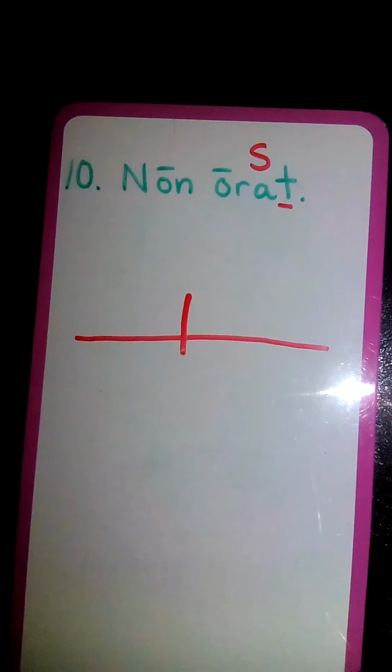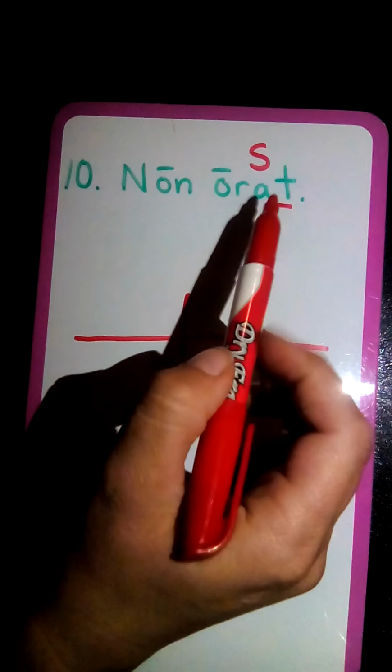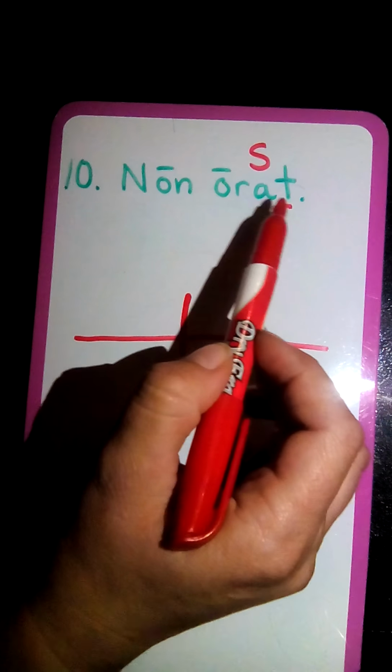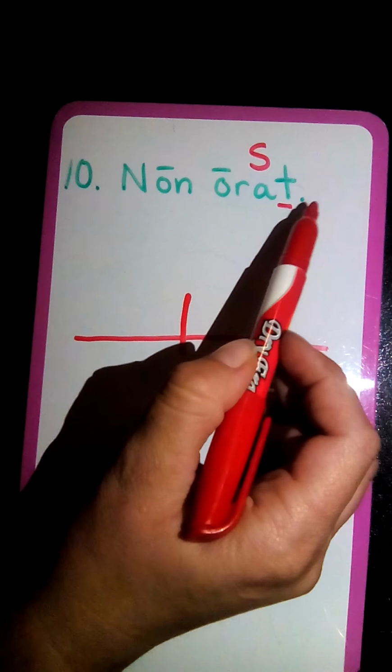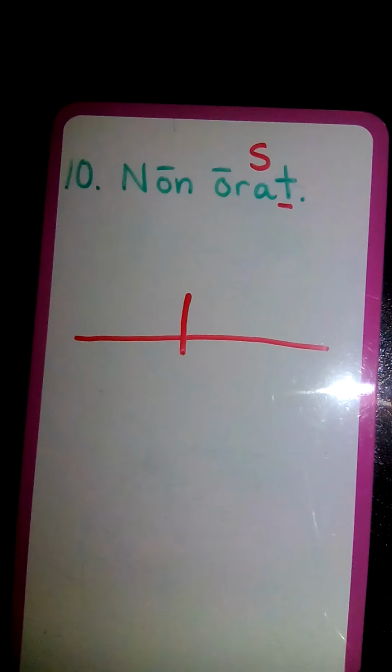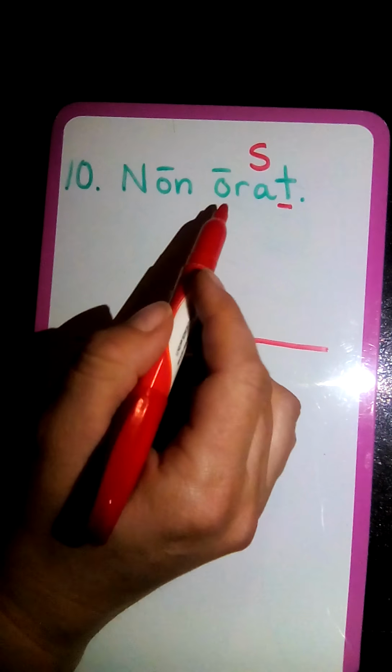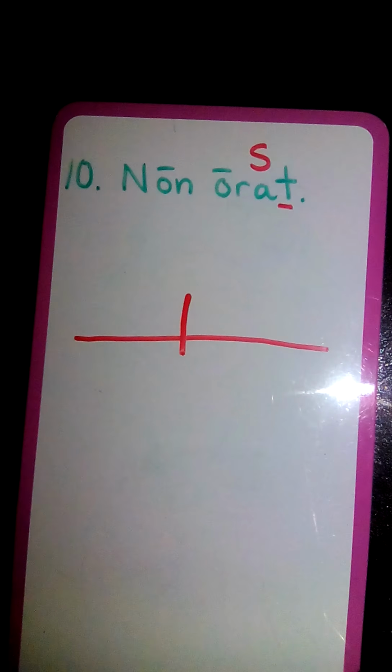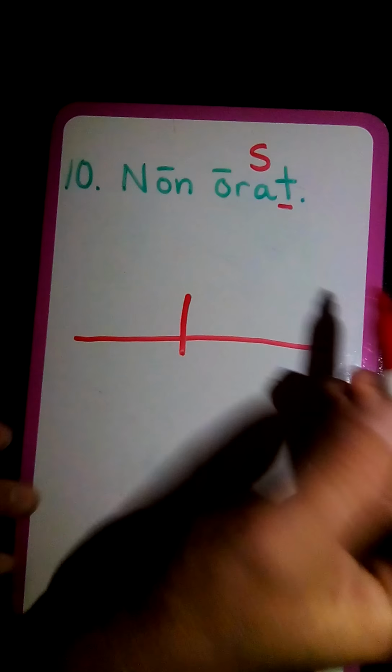Well, where's our subject? There is no subject written out in a word, right? But we do know from our verb, because our verb gives us our subject. Our verb is saying he, she, or it does not pray. And when you are not given whether it's a female or a male or an it in the context of the sentence or the paragraph, we go ahead and assume it's a he.